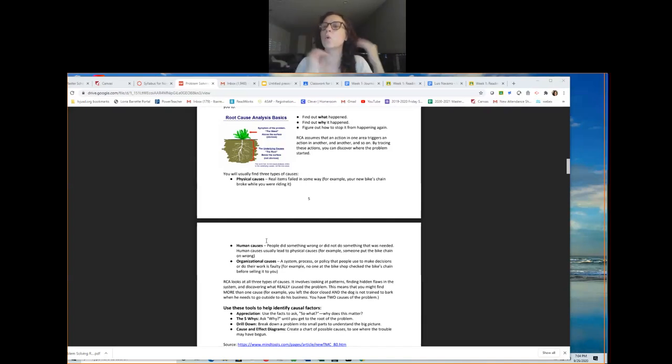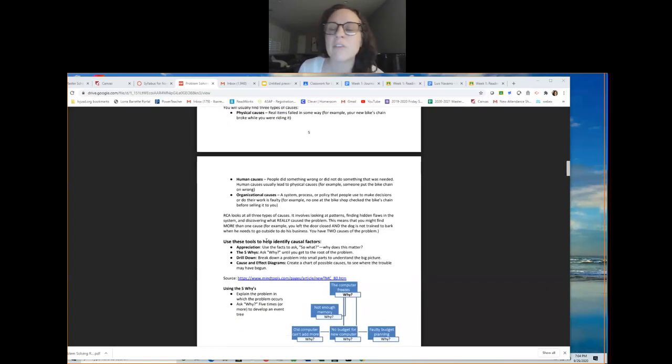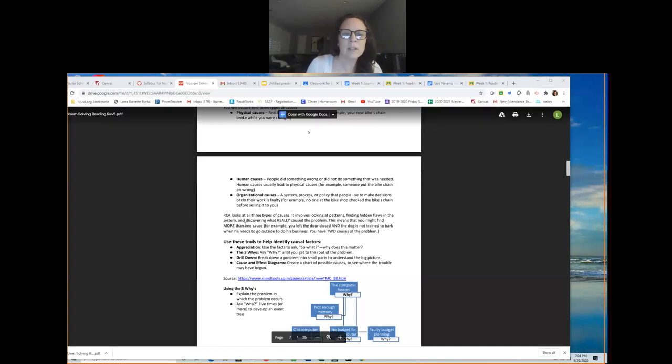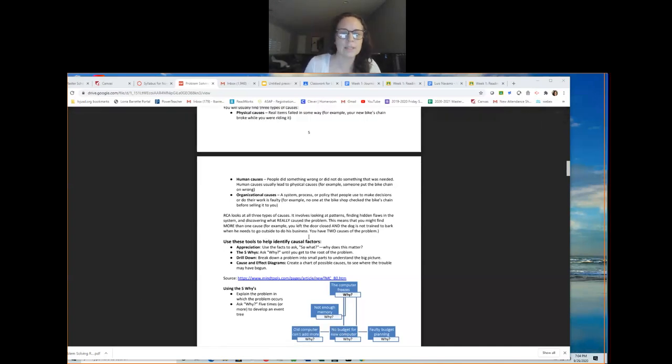So it's really an organizational cause. The managers need to have a better check system in place so that they can make sure to catch when human errors happen. So it could be an organizational problem, right? That they need to have a better check system. Okay, so RCA looks at all 3 types of causes.